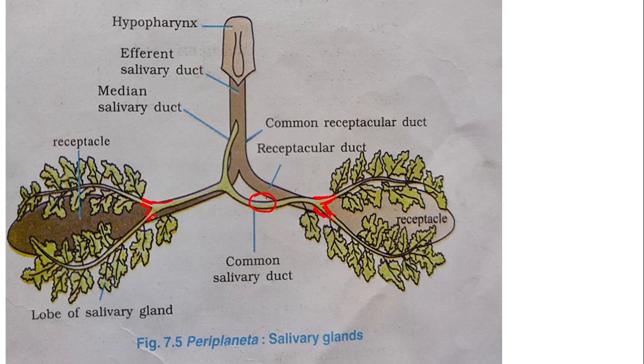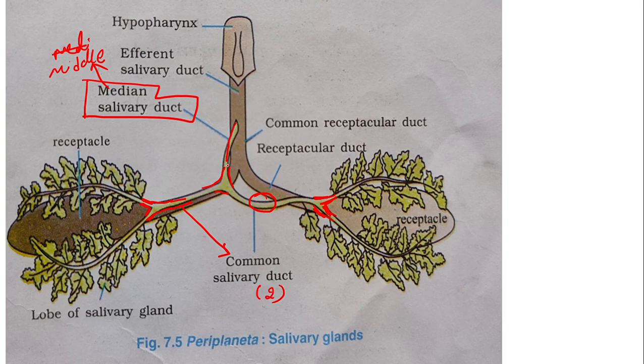From here also one lobule duct and the other lobule duct will combine together to form the common salivary duct. So how many common salivary ducts do we have? Two common salivary ducts. These two common salivary ducts are going to combine together to form the median salivary duct. Median means middle.